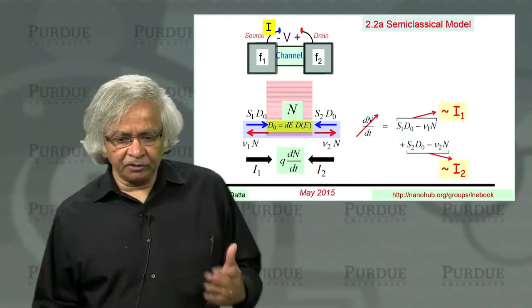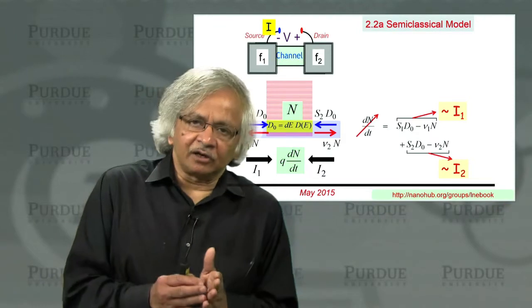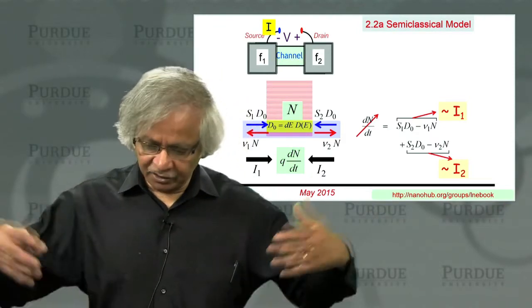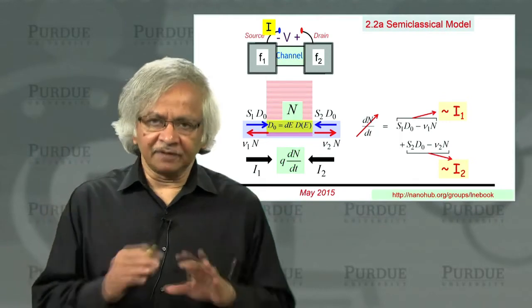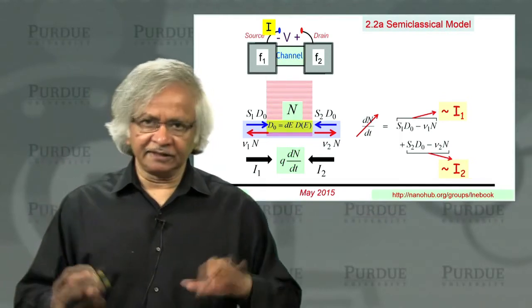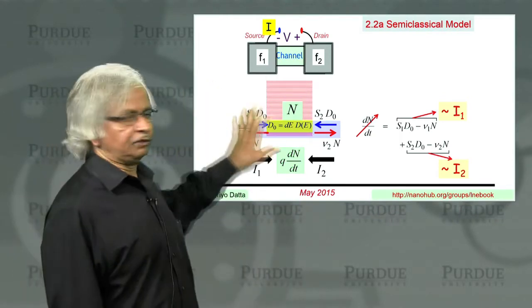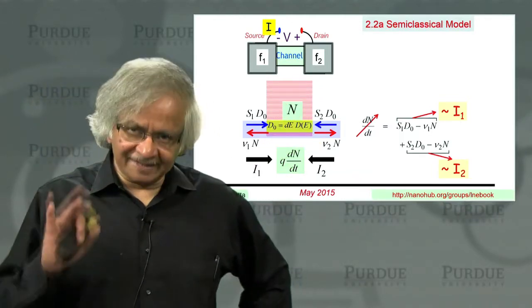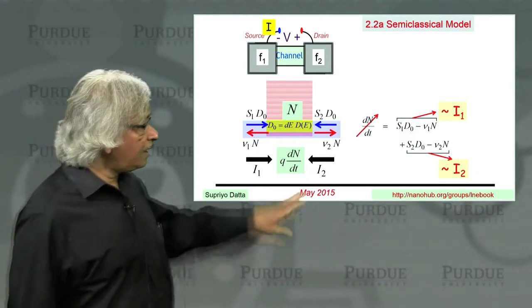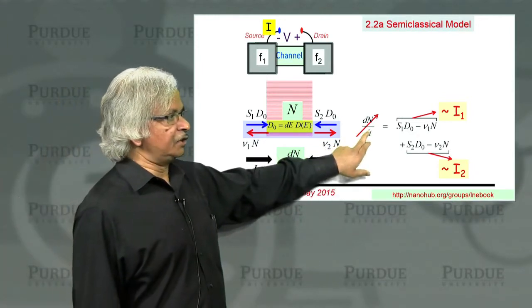In the beginning, when you turn on things, of course, there will be a period of transient flow where things will come in and the number of electrons will change. But after some time, everything will settle down and there will be a steady flow. And that's in general what we'll be talking about in this course, the steady state current. Under these conditions, dN/dt is 0.